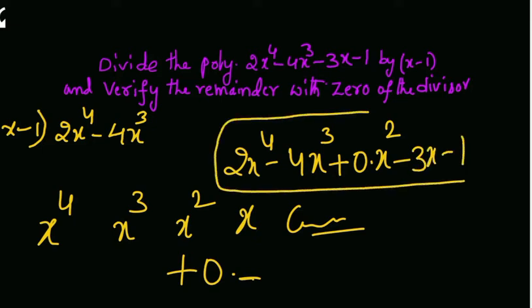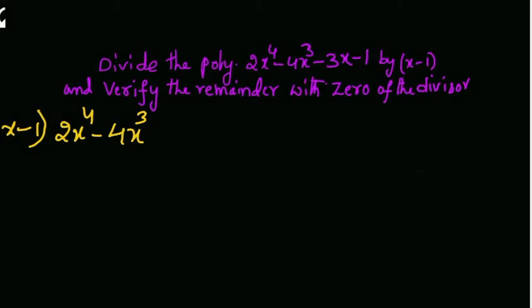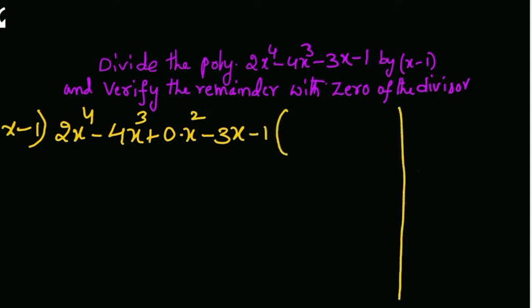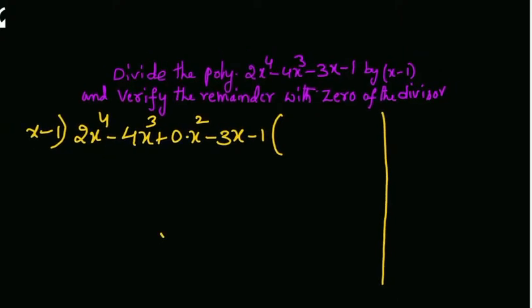Like this you have to write the polynomial. So here we write 2x power 4 minus 4x cube, then the x square term becomes plus 0 into x square, and then minus 3x, and after that minus 1. Okay, we have to follow the same rules which we followed previously.